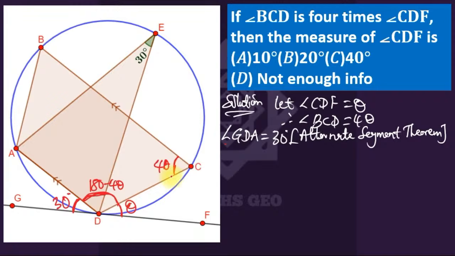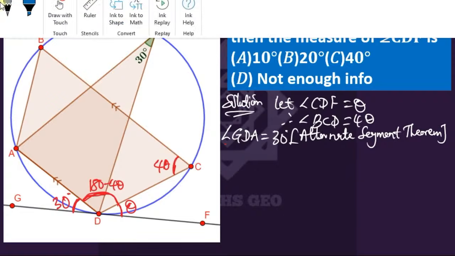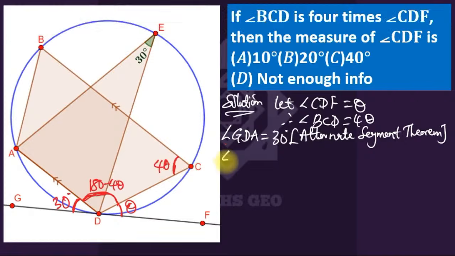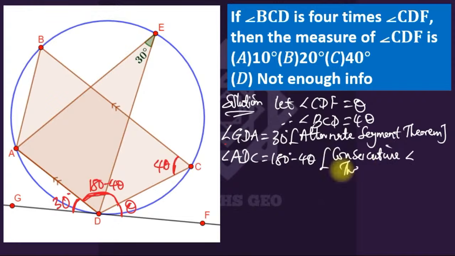So this is a transversal. If you add this and this, it gives us 180 based on consecutive or allied angle theorem. So we see that angle ADC is 180 minus 4 theta based on consecutive angle theorem.